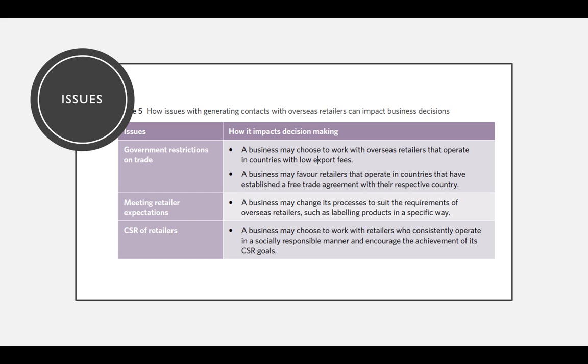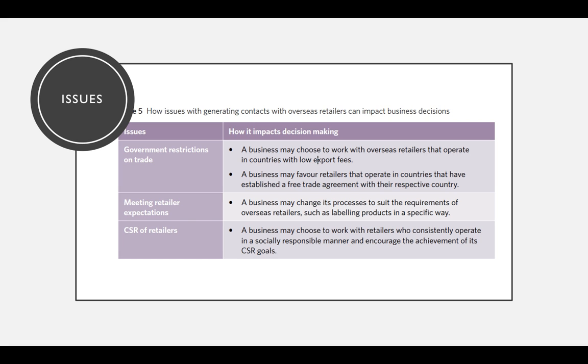So potential issues, you've got government restrictions on trade. So as I said, export fees for this one, because you're exporting it overseas, and then you've got your free trade agreement as well. Whether that would benefit or disadvantage a business will depend on whether or not a country has a free trade agreement with that country. All right.